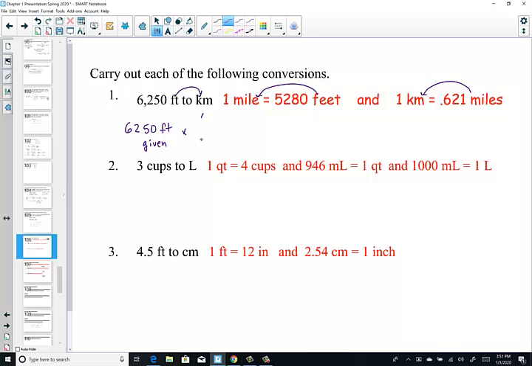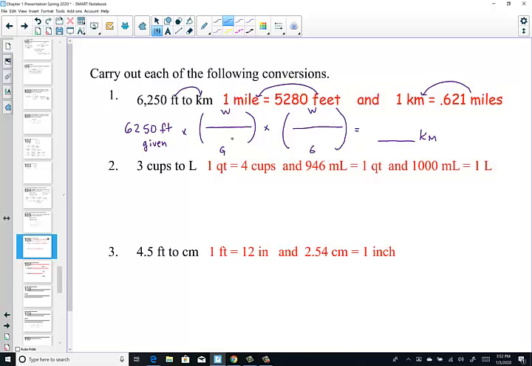So I needed both sets of units to achieve what I want from the unit I was given. And so I'm going to get both of these conversion factors set up so I can see the journey I want to take. I want to start with the unit feet and I want to end with the kilometer.